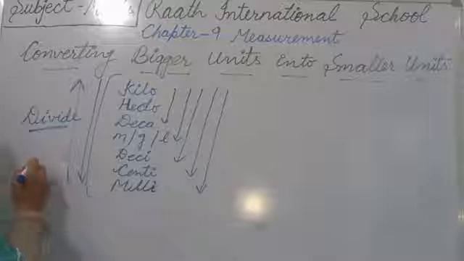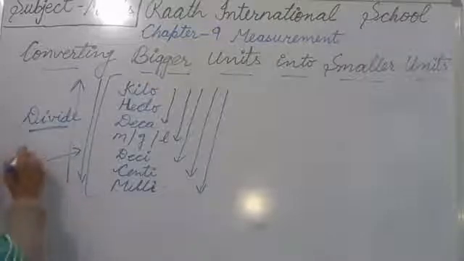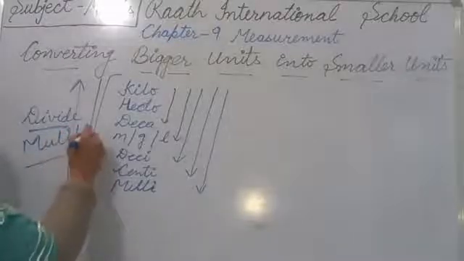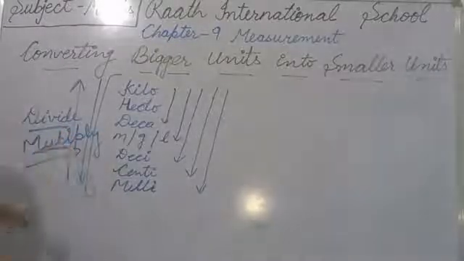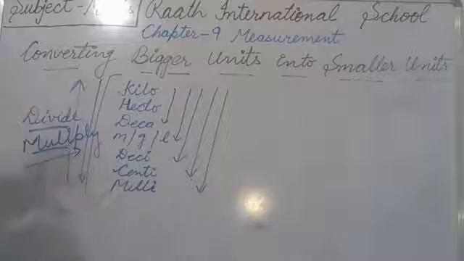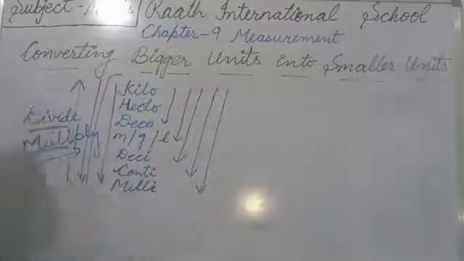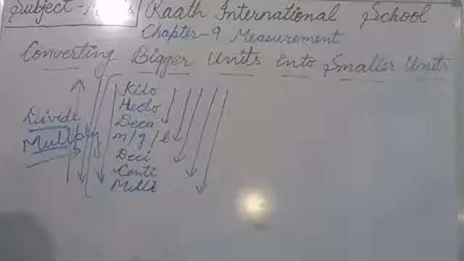So when we convert from big to small, we will multiply. When we convert big to small, coming back down from the top, we will multiply. Clear?